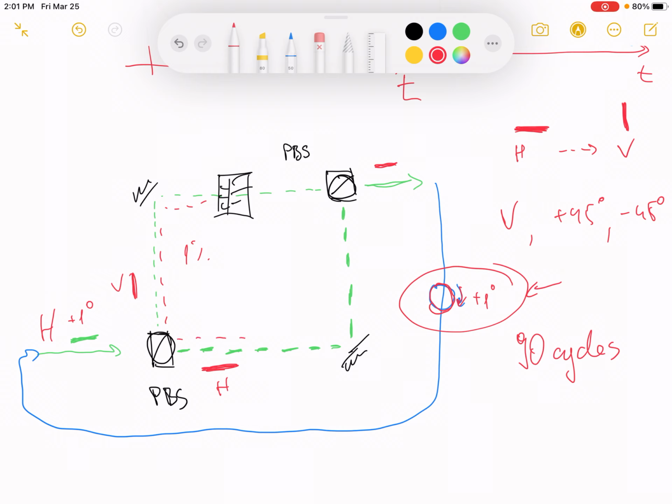But it has a much larger probability, I'll draw it in a large dashed line, 99%, of just freely going through the horizontally polarized arm of the interferometer.